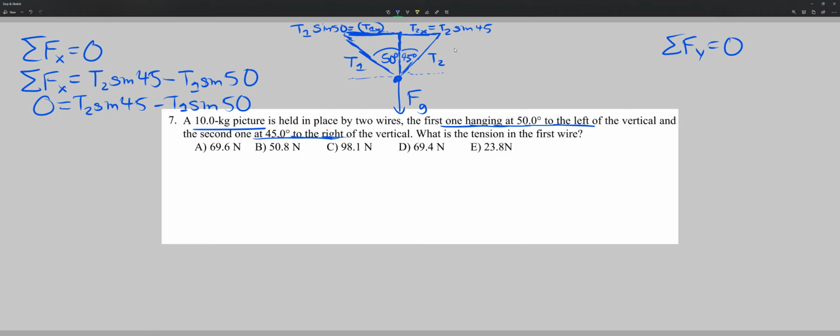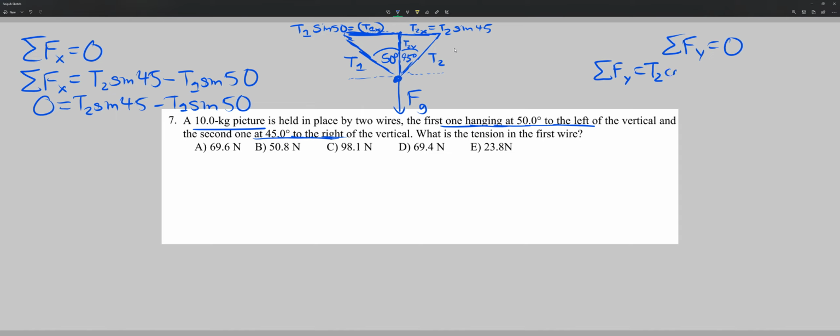And if we go to the other side, my Fy, we look at our vertical vectors. My vertical vectors are adjacent to my angle, so it's cosine. Again, I'm going to begin with my hypotenuse.